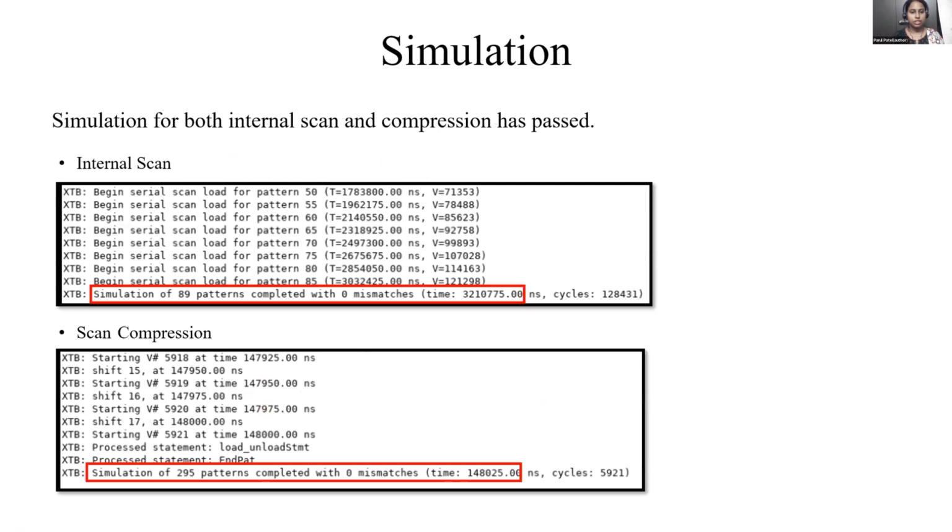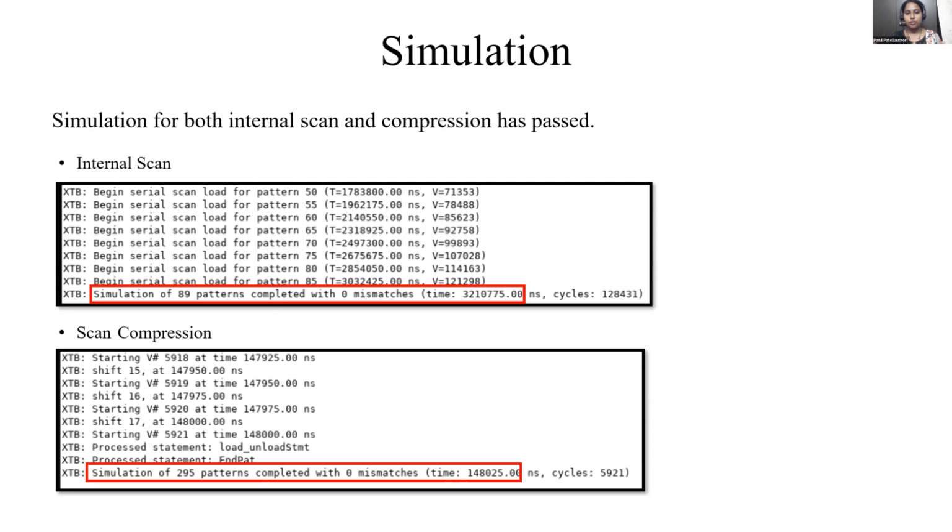Now these are the simulation logs. Here, for one design, there were 89 patterns, and all the patterns are simulated with zero mismatches. As I told you, when we generate a pattern, in those patterns we have one more field: for every pattern, there is an expected output. When we run it on the design, we compare that expected output with the actual output received after running the simulation.